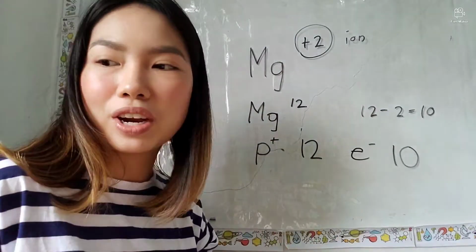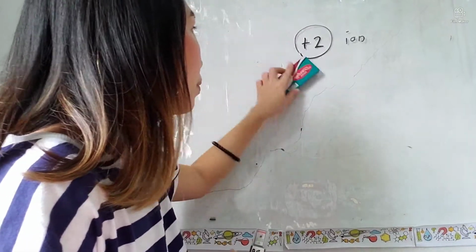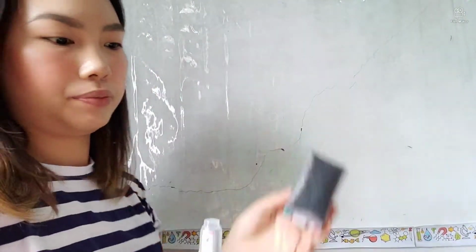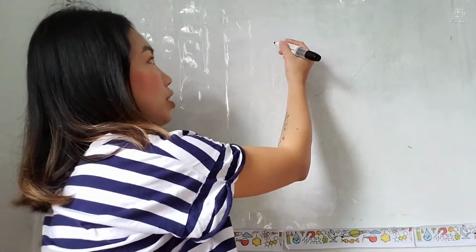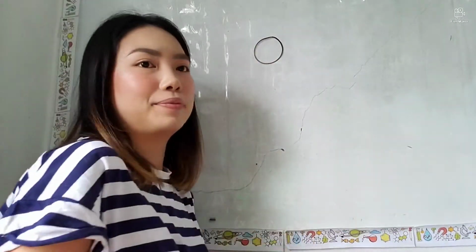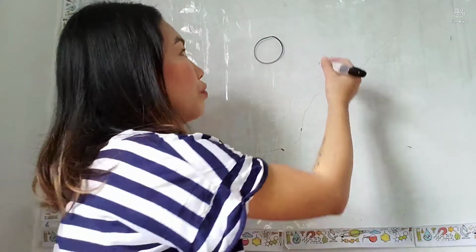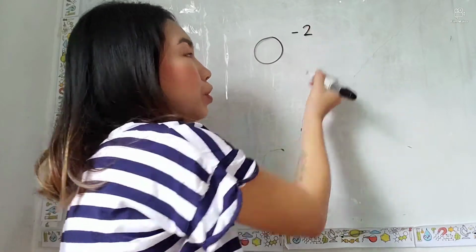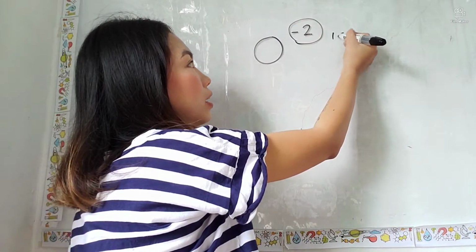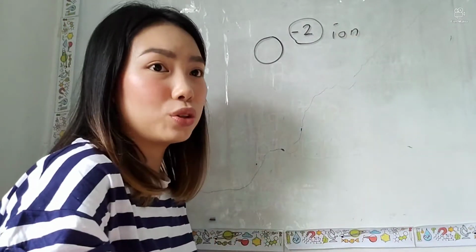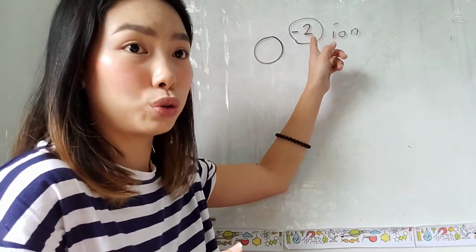So, let us have another example. Okay, so for example, that you have an element oxygen. Oxygen has an ion of negative 2. So, meron tayo ulit present na ion. And to be specific, it's an anion kasi it's a negative 2.